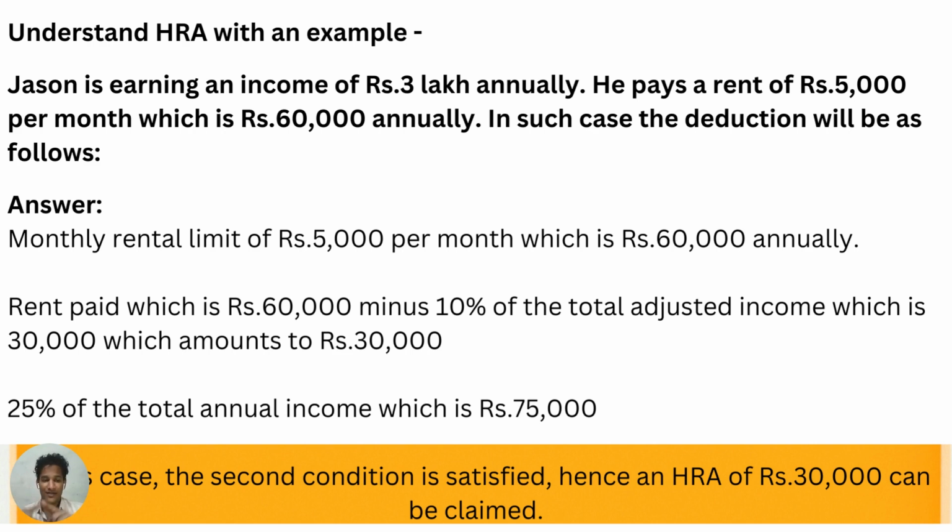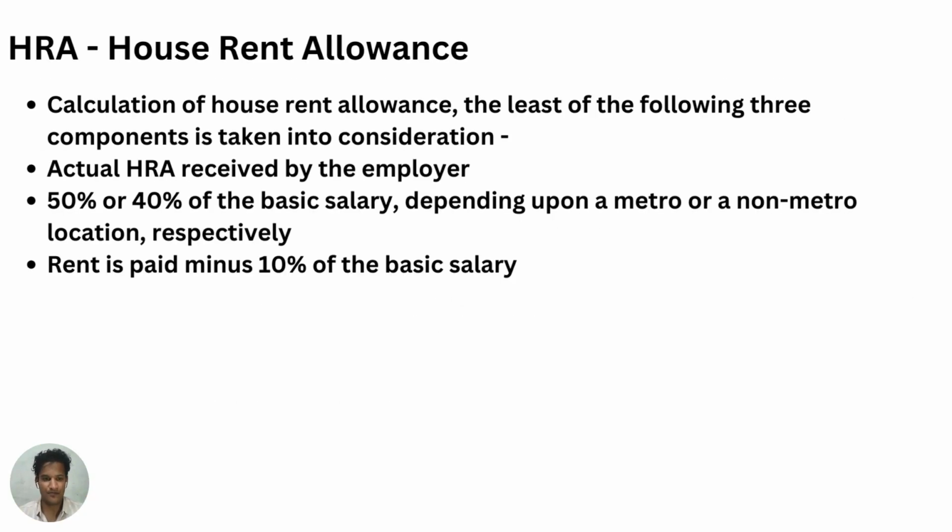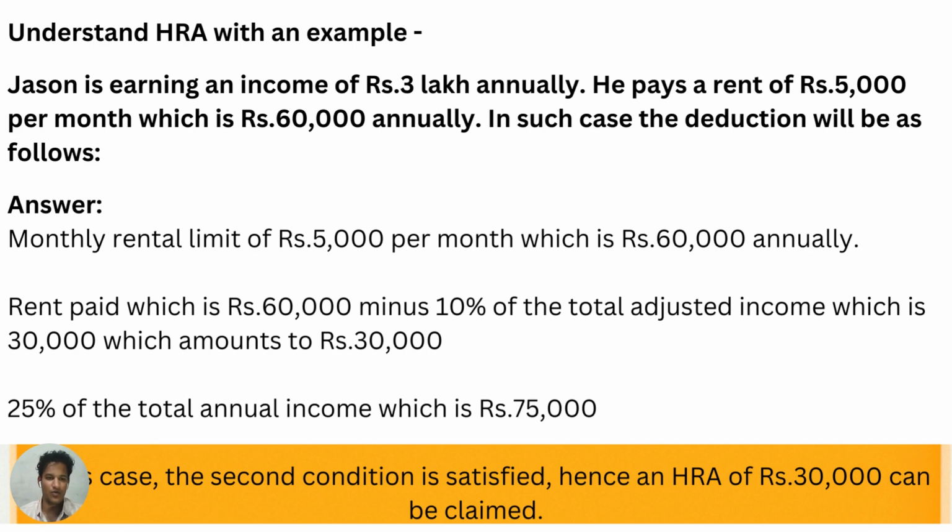Now the rent paid, this is the calculation that I explained, that is the rent paid minus 10% of the basic salary. So the rent paid is 60,000 that Jason is paying, minus 10% of the adjusted income, which is 30,000, like 3 lakhs, 10%, 30,000. So 60,000 minus 30,000, the amount is 30,000.